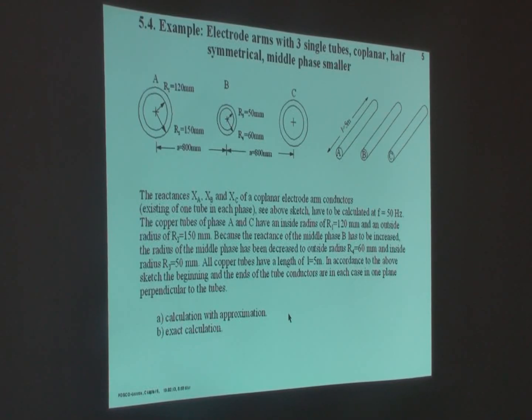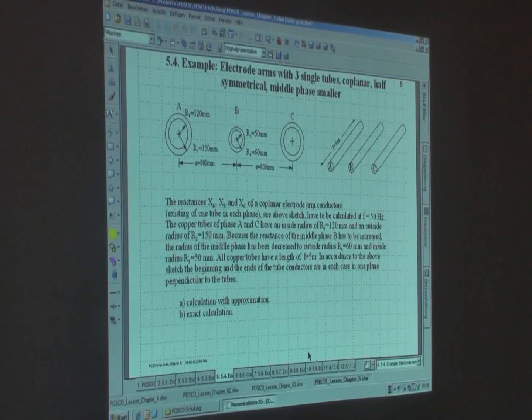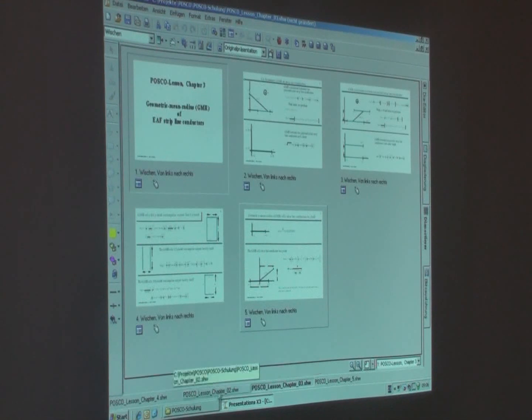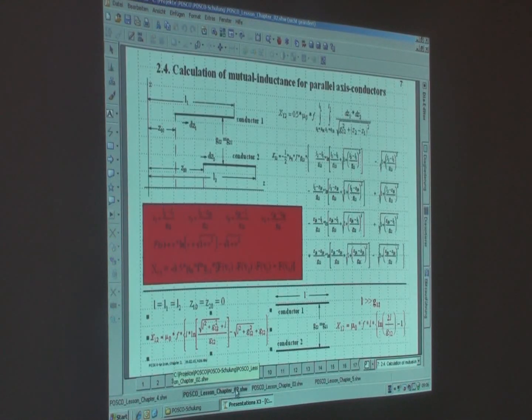We have all G's, the geometric mean radii, and then we have all reactances, and then we have to look which formula we have to use. The formula, not in 3, in 2, not in 2, in 4.